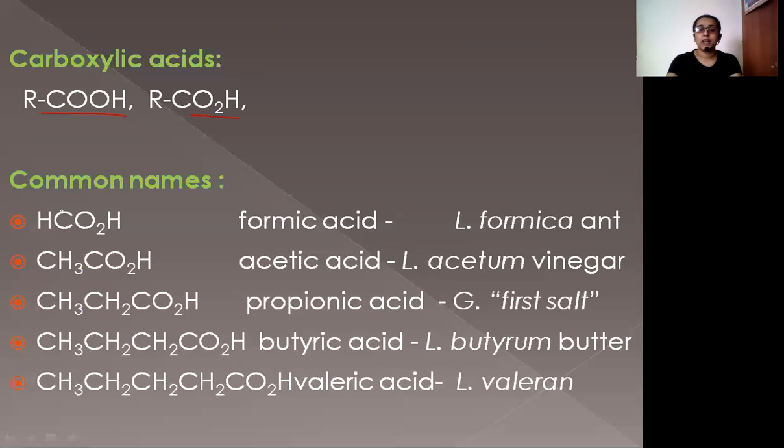Now here some common names of acids are given, and where they are derived from, like Latin names and Greek words. We will see that first, and then we will see how these carboxylic acids get converted to the corresponding aldehydes. So this is HCOOH, your formic acid, derived from the Latin word formica, which means ant.